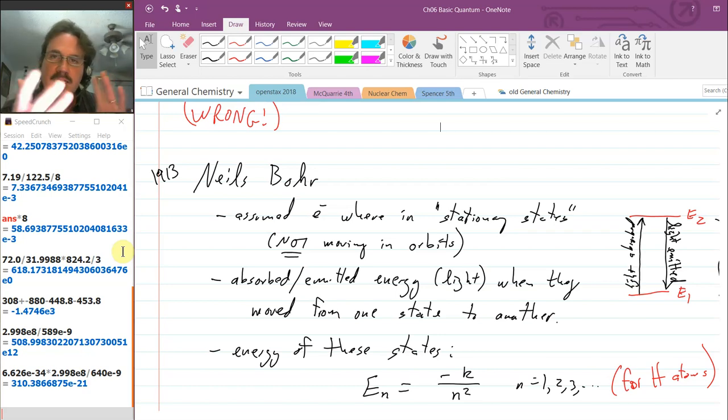They're kind of locked into these stationary states. Maybe involve spinning around, I don't know. I really don't know where he was going necessarily with it, but he realized that the simple model wasn't going to work. So he said they're locked into some stationary states, and the important thing was each different type of stationary state would have a certain amount of energy.